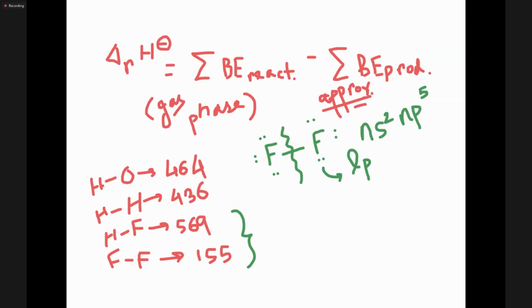Now we will move our discussion to the next case, where we will talk about the enthalpy of solution. So what do you mean by enthalpy of solution?